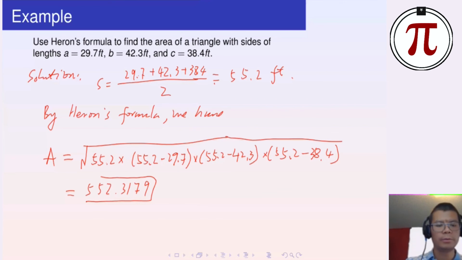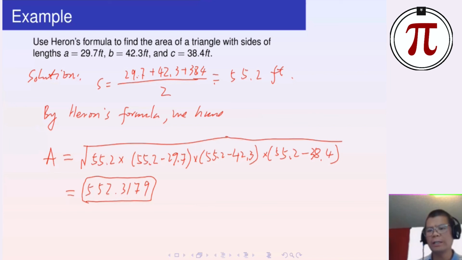So that's the area, right? You see, Heron's formula is pretty handy. Just given these three sides, you can easily find the semi-perimeter, and using the formula you can find the area.